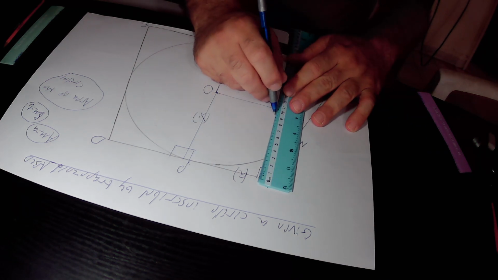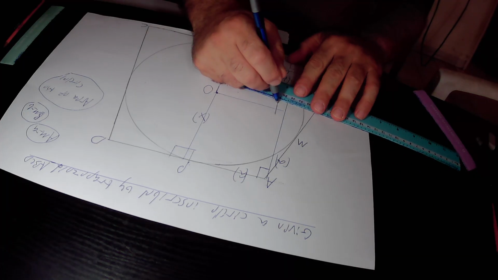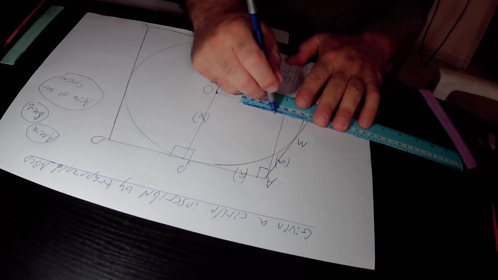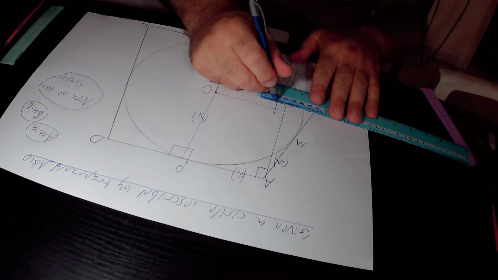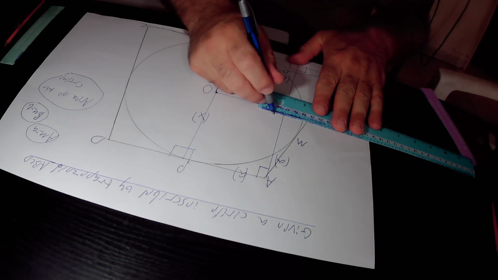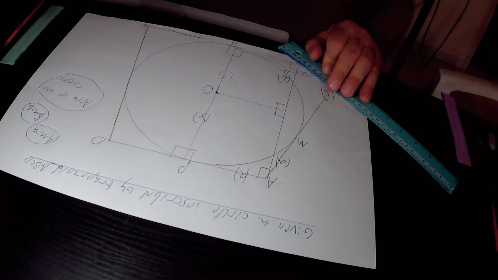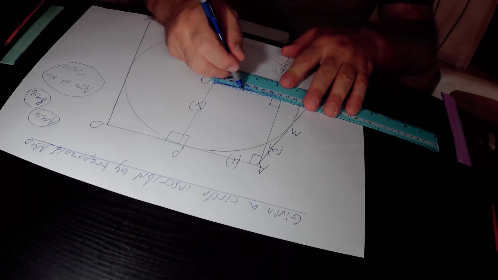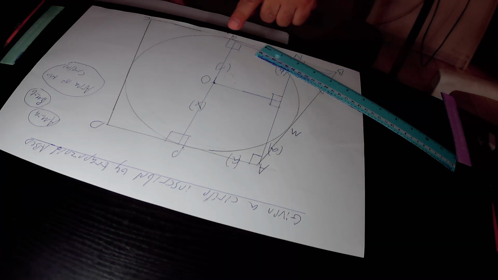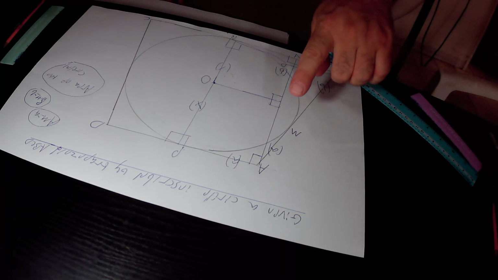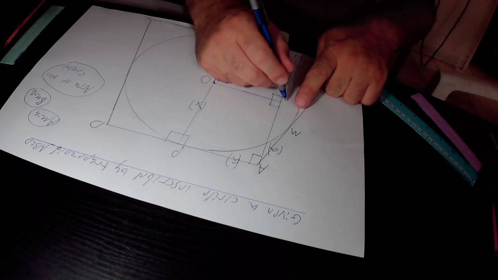So actually, this angle equals 90 degrees, and this angle also equals 90 degrees according to our construction. We will define the touching point of the perpendicular from point O, and again this point is point T.